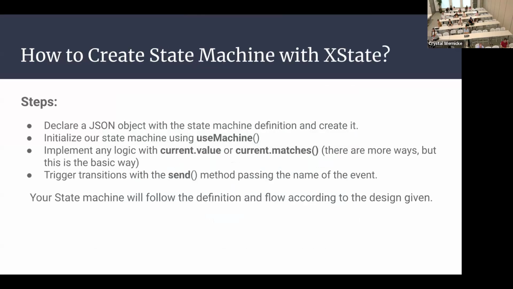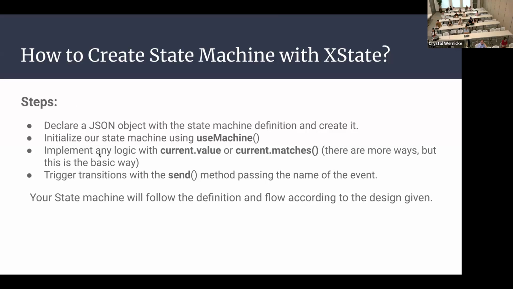So as an overview, here's how we create a state machine with XState in React. We declare that JSON object, which is the definition of the state machine that we're going to see briefly. We initialize our state machine using useMachine. That's the React hook we use to import that state machine after we initialize it.